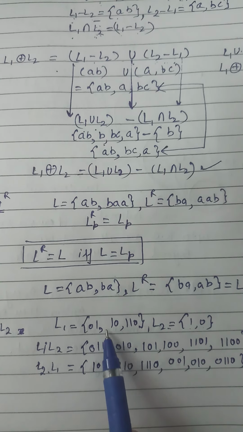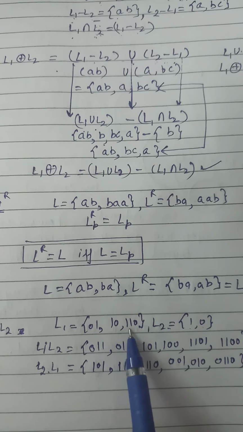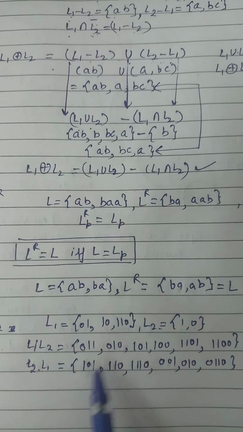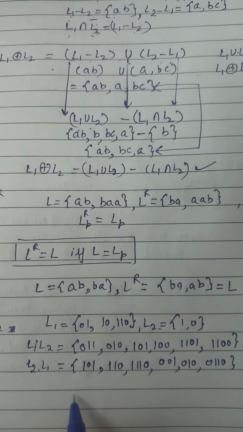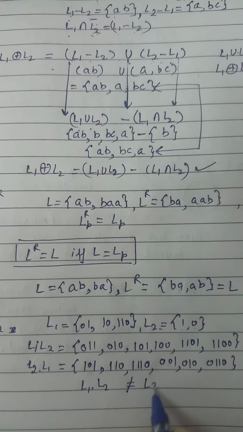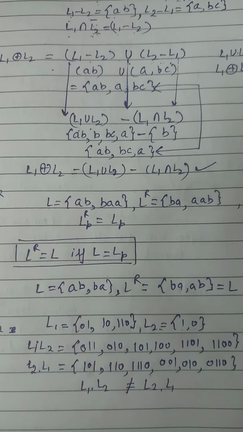From these sets we can clearly see that both are not equal because the terms are not common. So we can write L1 dot L2 is not equal to L2 dot L1.